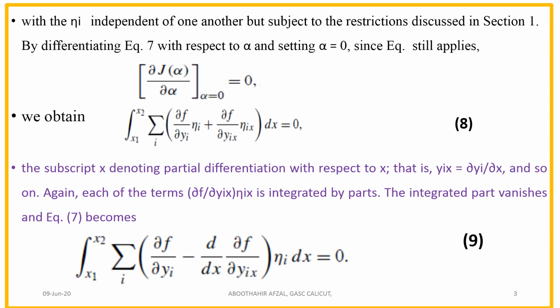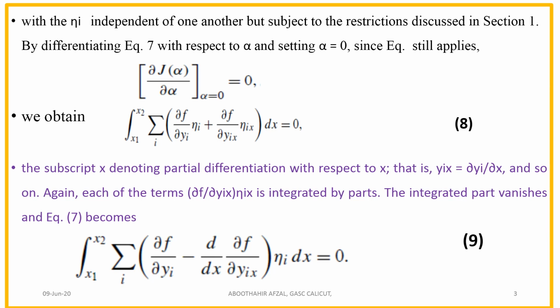As we use the same concept of integration by parts, equation 8 will become the integral of dou f by dou y minus d by dx of dou f by dou yix, into eta dx, equal to 0, which is similar to the equation when we had one dependent variable.